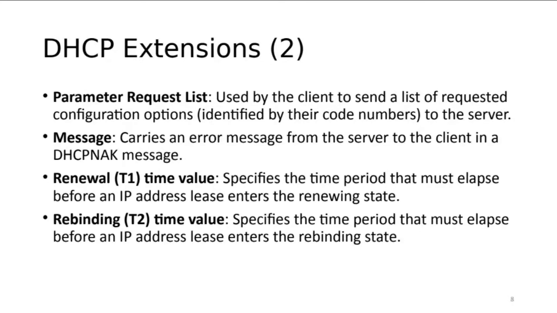Then we have the renewal time, T1, which specifies the time period that must elapse before an IP address lease enters the renewing state. Rebinding time, or T2, specifies the time period that must elapse before an IP address lease enters the rebinding state.